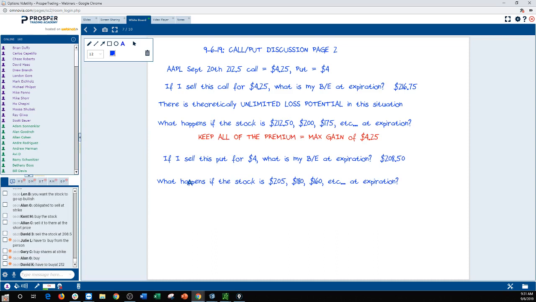Someone else who's long that put exercises their right to sell the stock at the strike price, and I'm obligated to buy it from them at the strike price. Okay? So if the stock is below that strike price and then below that break even of 208.50 here, I'm going to lose 1 for 1.